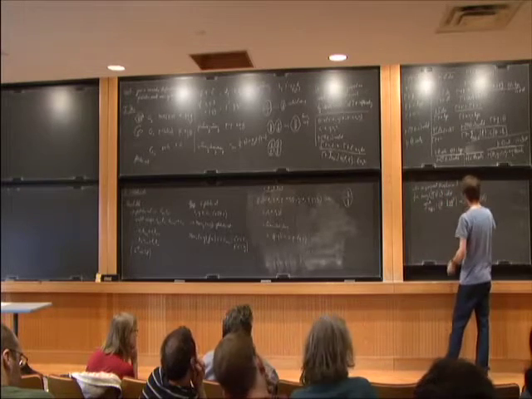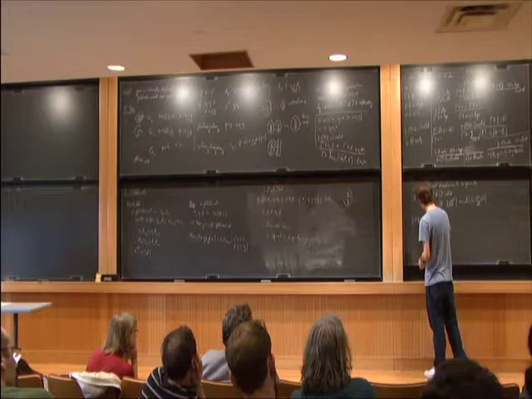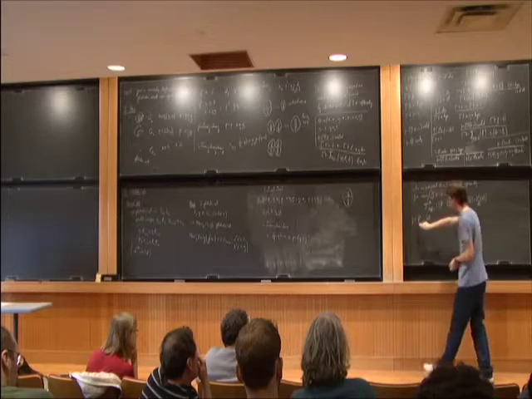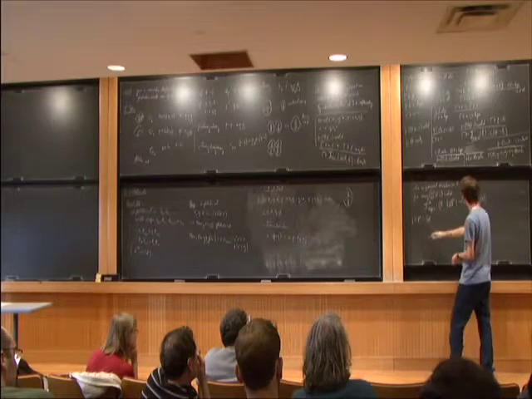So, I need to define the interpretation. If I have a context, the interpretation of a context will be a set. I will first write the type of the interpretation.